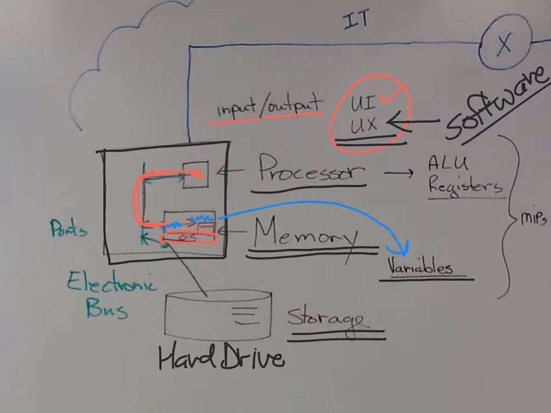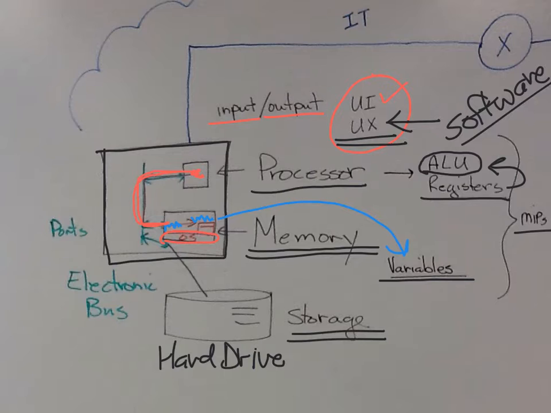A couple other items here. We talked about the arithmetic logic unit, where the work is done in the computer, and registers are high-speed staging areas in the processor so it can do this work. We also mentioned millions of instructions per second, MIPS, M-I-P-S. And we talked a little bit about clock speed and so forth.